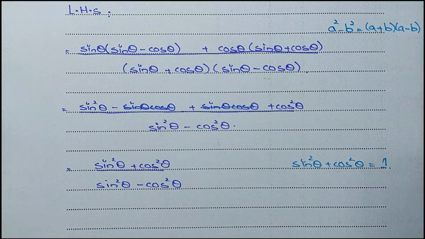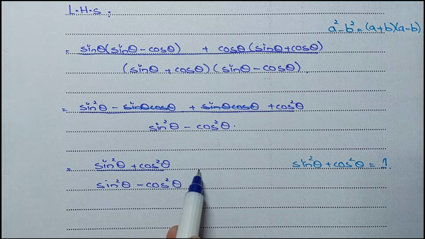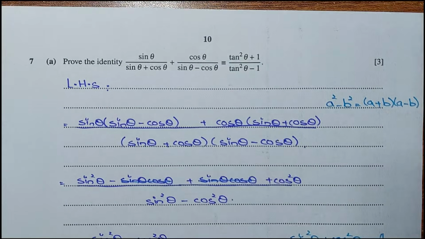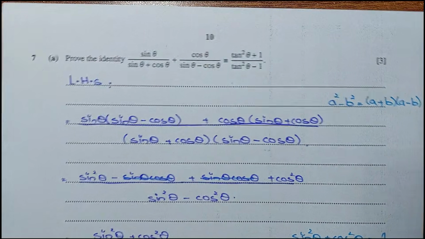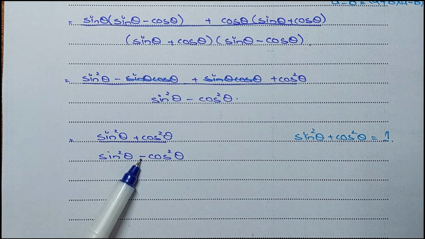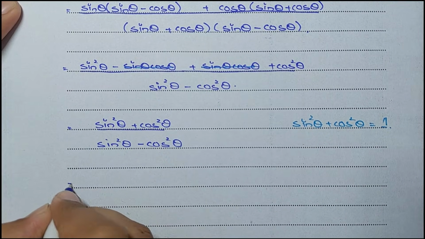Okay. But if we use it, we can do 1 over sine square minus cos square. And then we do the rationalization, because here we need to find tangent square plus 1 and tangent square minus 1. It's plus and it's minus. So it is better to divide the numerator and the denominator by cos square theta, right?